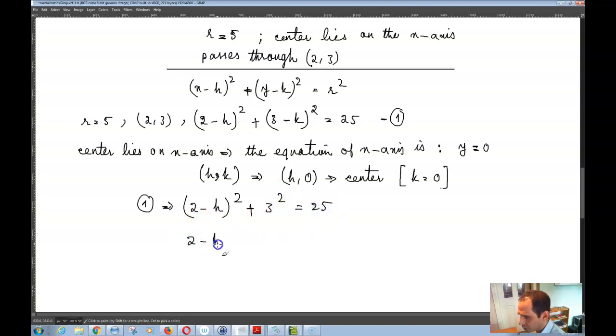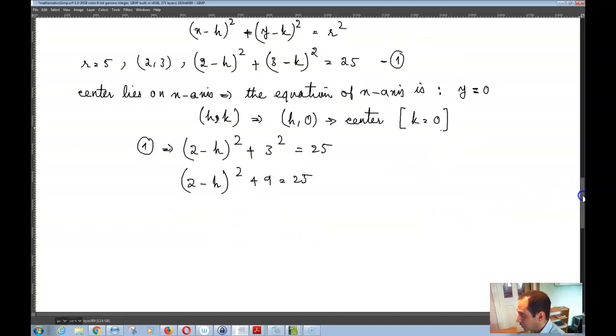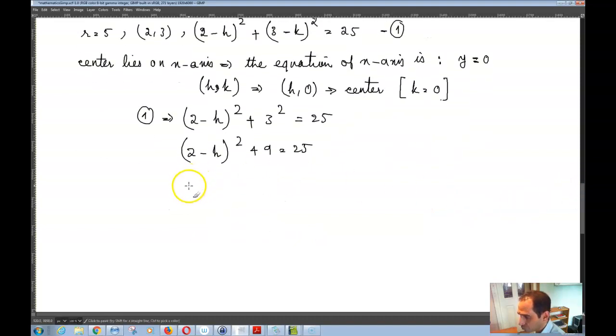So 2 minus h whole squared plus 9 is equal to 25. And so that is 4 plus h squared minus 4h plus 9 minus 25 is equal to 0.